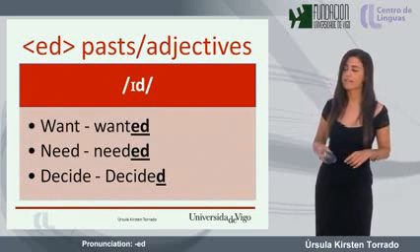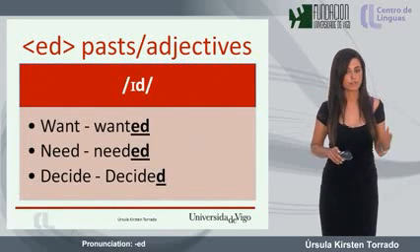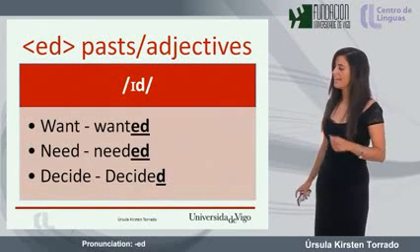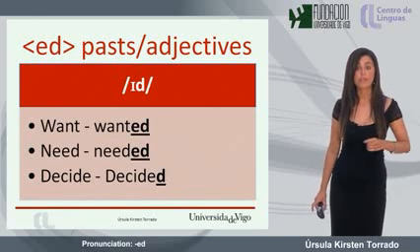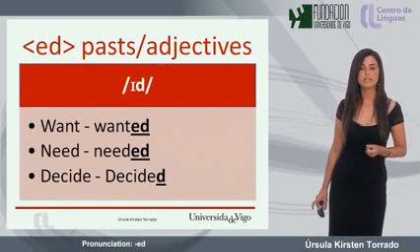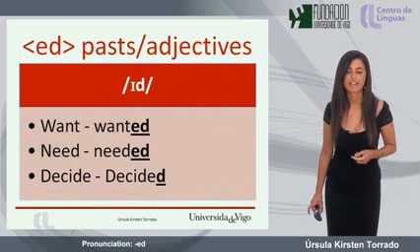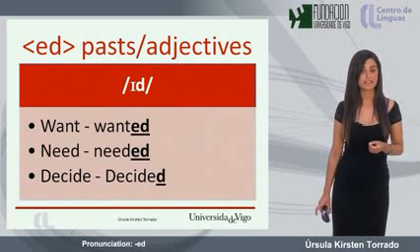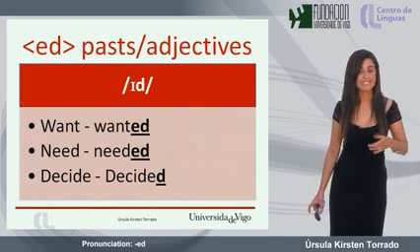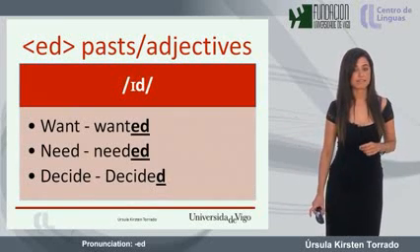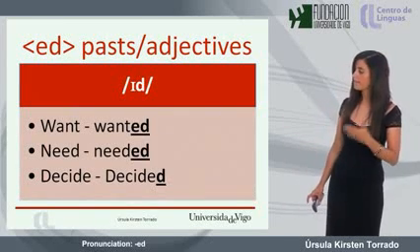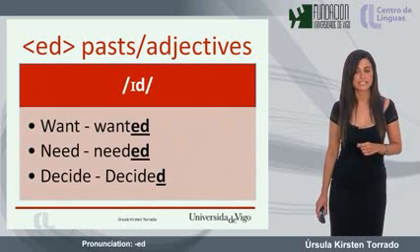In American English, they will pronounce a schwa instead of the short I. Let's see some examples. Want ends in T, therefore the past will be wanted. Need ends in D, the past will be needed. Decide ends in D in pronunciation, and the past will be decided.